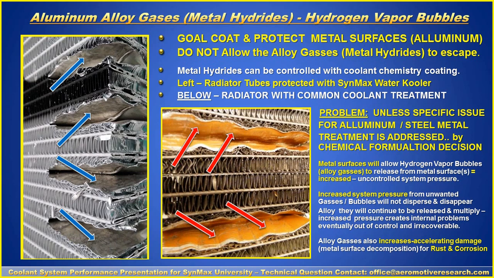Increased system pressure from the unwanted gases and bubbles will not disperse and disappear. The alloy will continue to release these gases and multiply, increasing pressure, creating internal problems, and eventually becoming out of control and irrecoverable. Alloy gases also increase and accelerate damage to the metal surfaces from rust and corrosion.